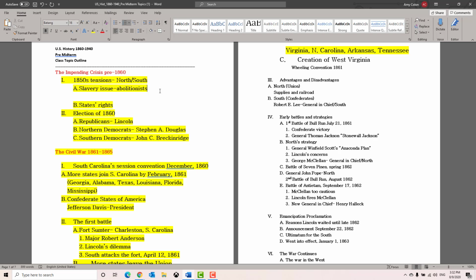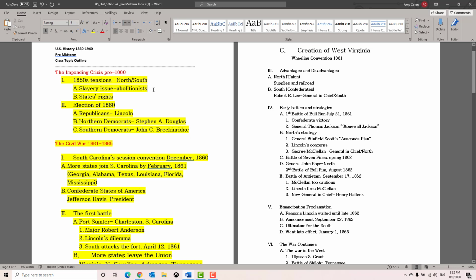So Southerners were concerned that with the rise of abolitionists by the 1850s in the North, they eventually would convince Congress to pass a law outlawing slavery. And they started to feel that the national government was too powerful and that the government may eventually use its power to outlaw slavery. So there is a twofold issue going on here that leads us to the Civil War.